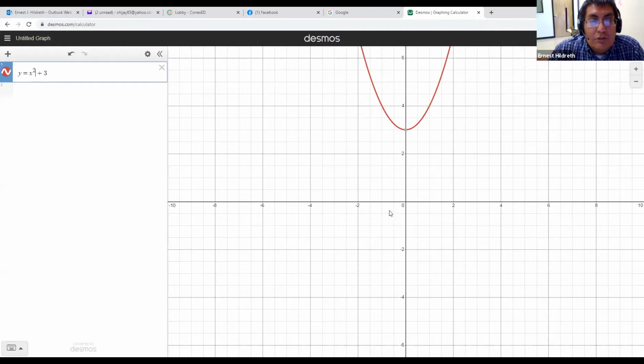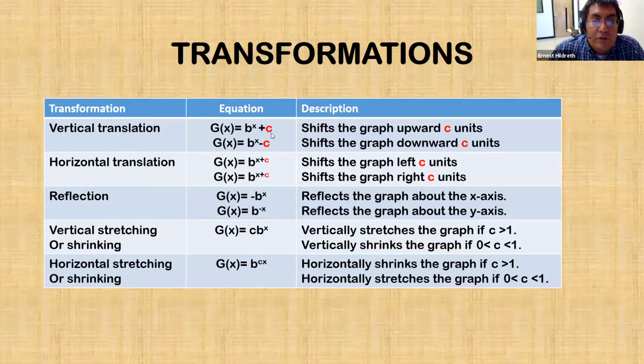As we were shown with the previous chart, if we have a positive, it'll shift it upwards by that amount. The last one that we had was 3. And if we subtract 3, it'll move the graph downwards by 3. And you can have a horizontal shift in the exponent. So if we add or subtract a number, it'll shift it.